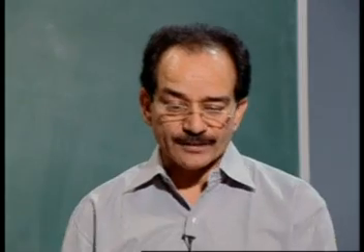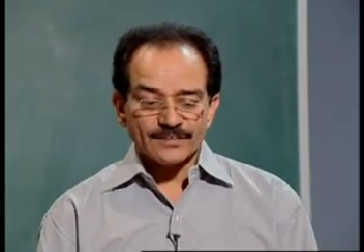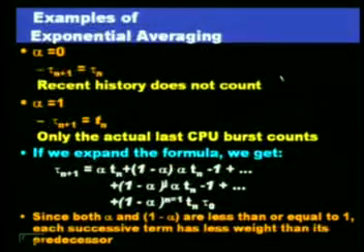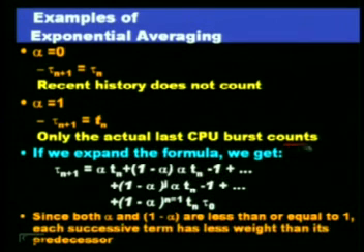Now, if alpha is 0, what will happen? Then Tn plus 1 will be tau n, that is, my recent history does not count. Or if alpha is 1, then Tn plus 1 will be Tn, and only the actual last CPU burst will count.